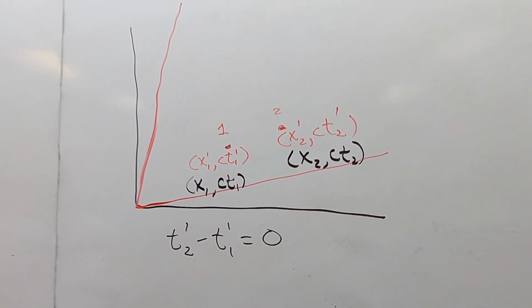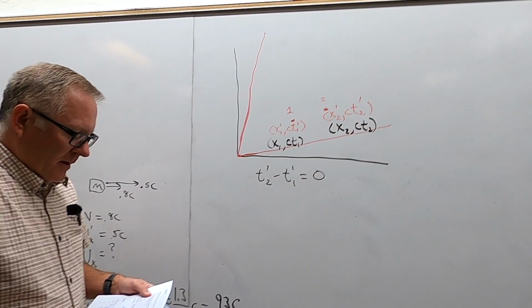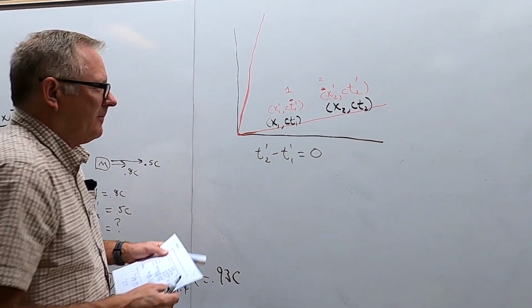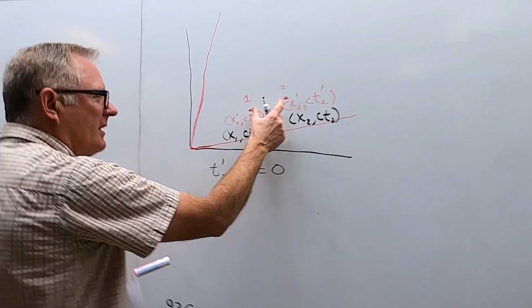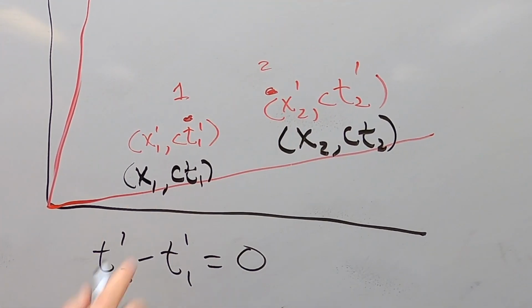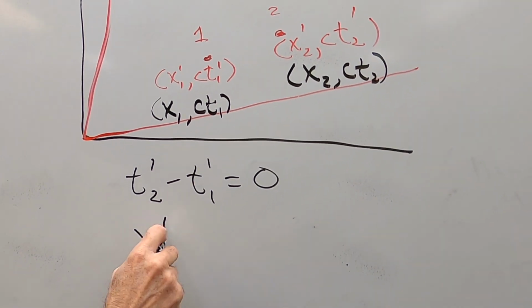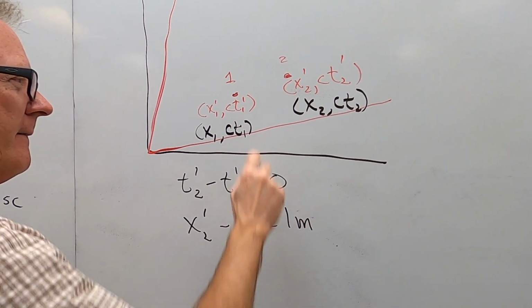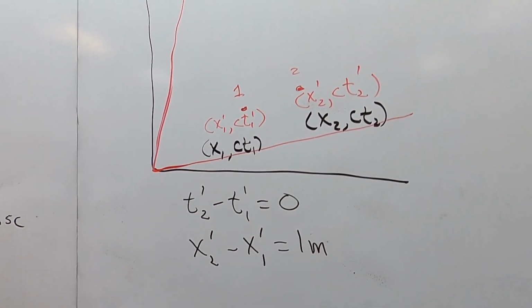They were the same time. And they're separated by 1 meter. So this separation in Mary's frame going up this way is 1 meter. So x2 prime minus x1 prime is equal to 1 meter. That would have been this distance right there.